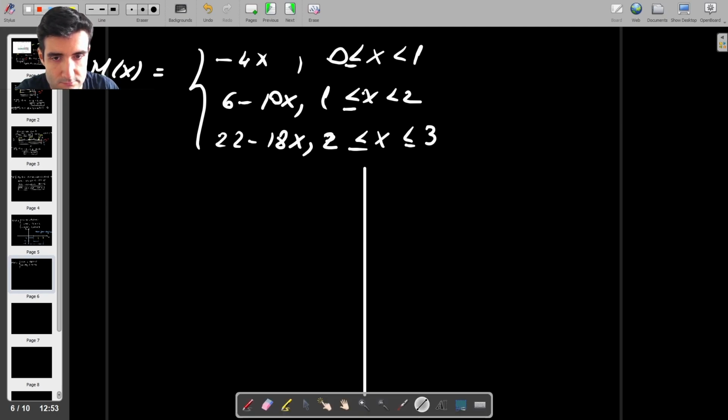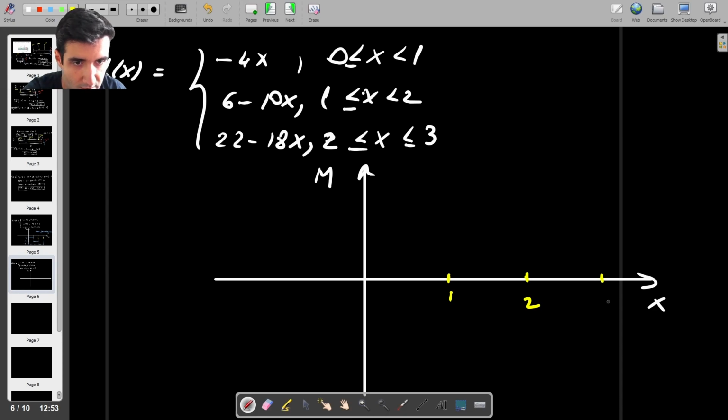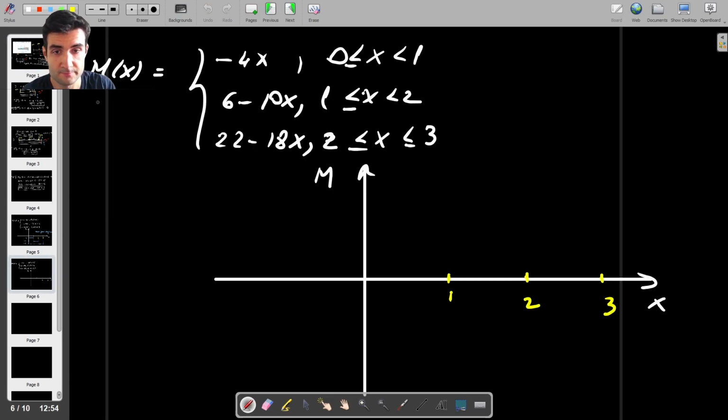So let's draw the graph. So we have X here, we have the bending moment here, and then we have the 1, the 2, and the 3. Okay, so for the first part, we have the bending moment starting from 0 because you start from the free end of the beam, which is not constrained by anything.